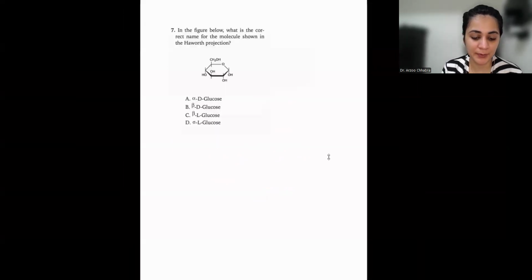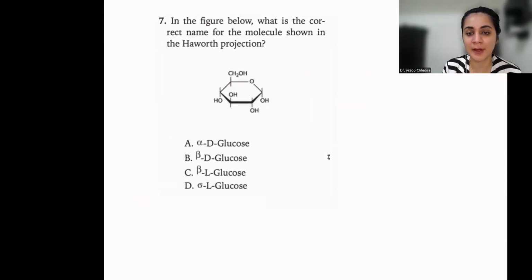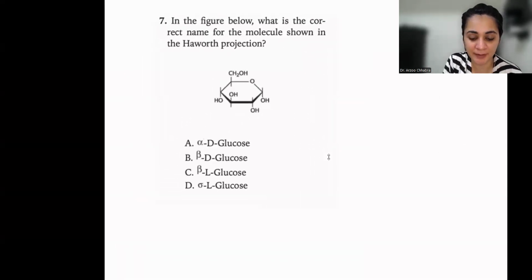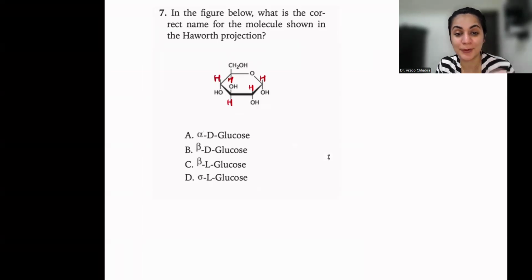All right, next one. In the figure below, what is the correct name for the molecule shown in the Haworth projection? For this problem, what I saw in the textbook is that they have to write these hydrogens, because if they don't, they'd be considered CH3s, and this would no longer be a glucose molecule. They expect you to know that this is a glucose molecule.